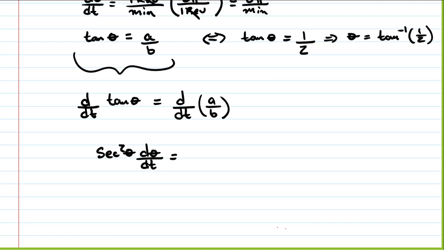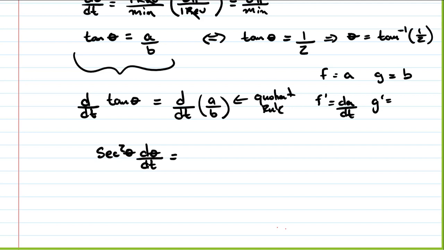Well, we have A and B. How are they related? Quotient. So it's going to be quotient rule, right? And if that's the case, we have F and we have G. Our F is A, our G is B, so then F prime is dA dt, and G prime is dB dt.